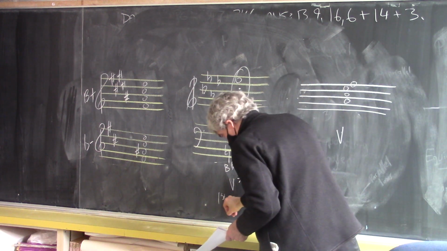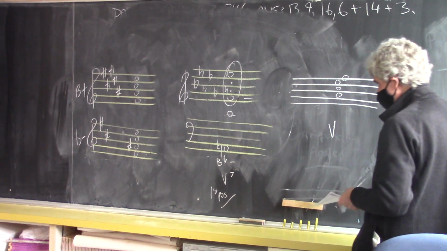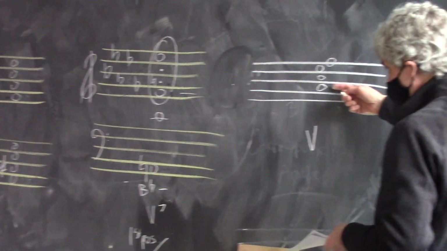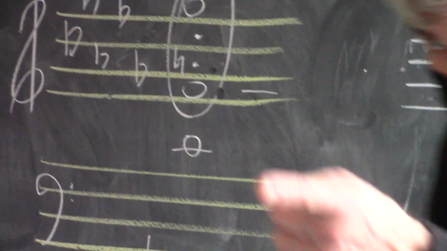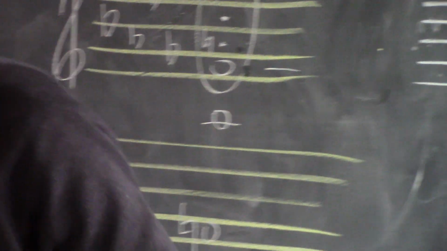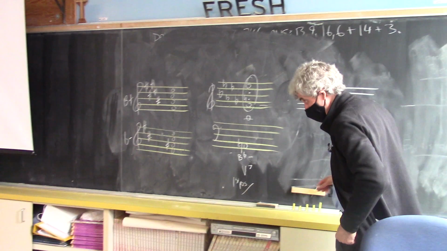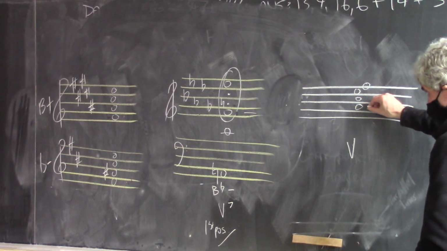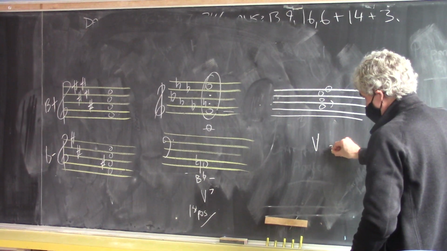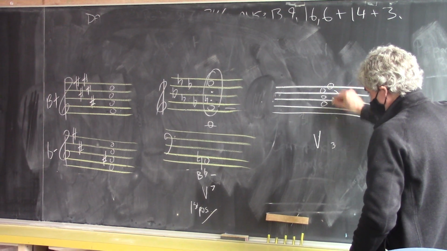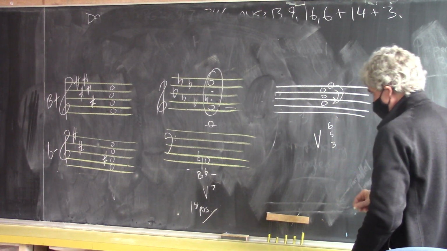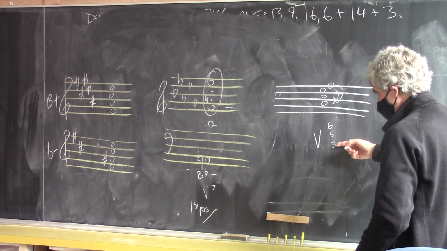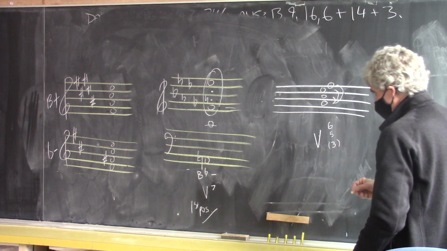You can describe this two different ways: first position or use the little numbers. Anybody remember? Yeah, 6/5. Remember how we work it from the bottom up? From here, it's a 3. From there, it's a 5. And there, it's a 6. So 6, 5, 3. Usually, we leave that out.